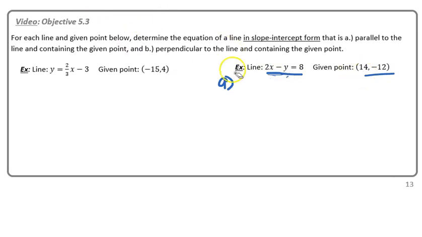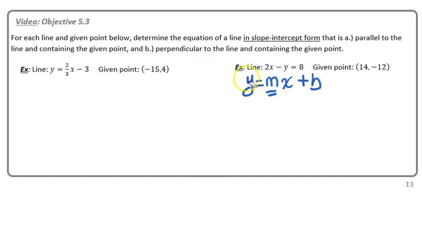So first thing we need to do is figure out what is the slope of this line. This given line is given in standard form, so we need to rewrite it so that it's in a form where we recognize the slope. So we want it to look like y equals mx plus b, so we can take the m there and use it for slope.